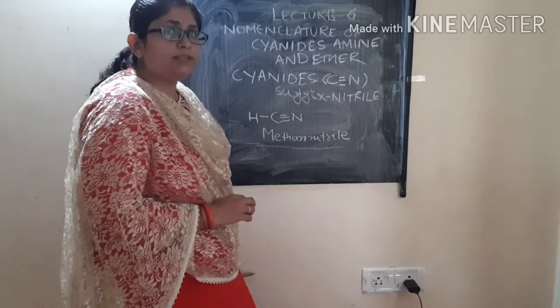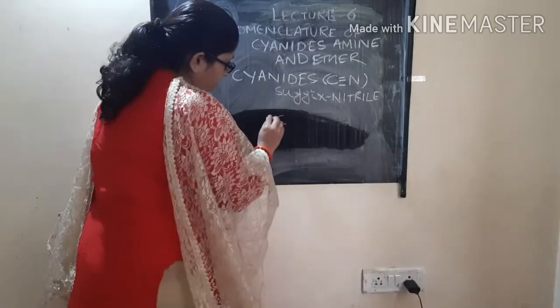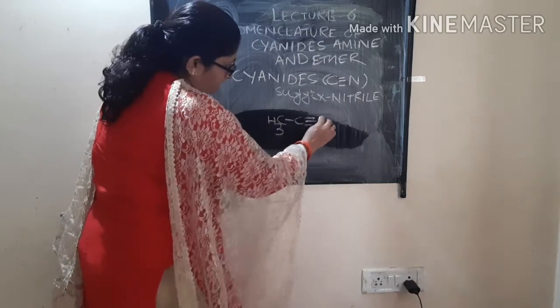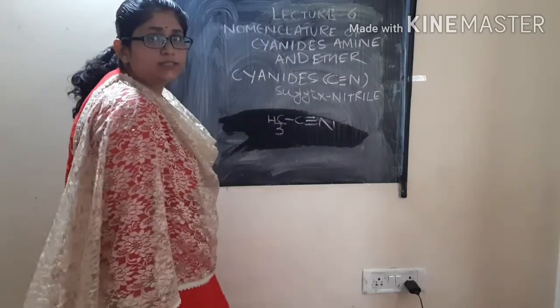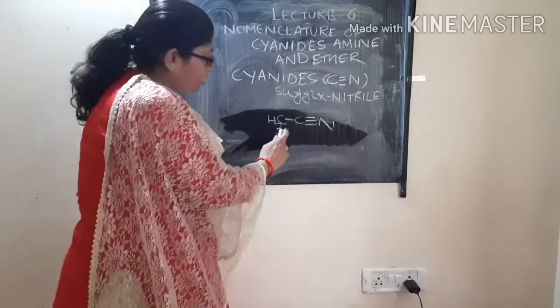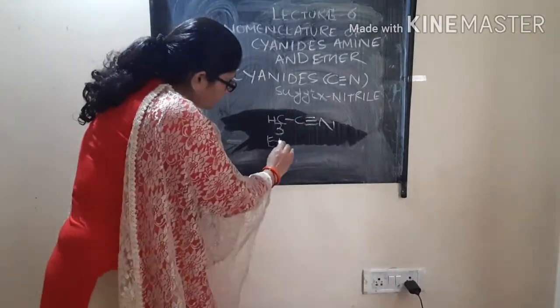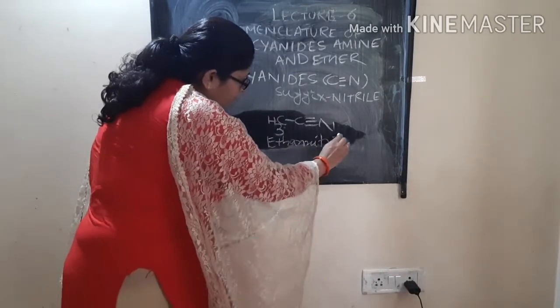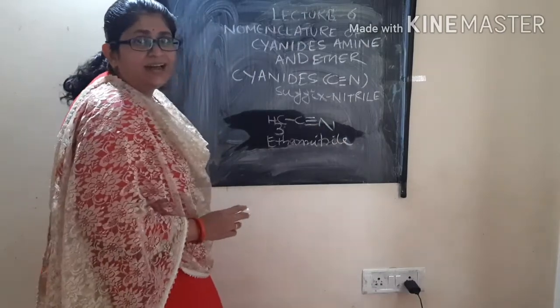How you will be naming these? Look here, students. How many carbon atoms here? 2 carbon atoms. So it will be ethane nitrile.